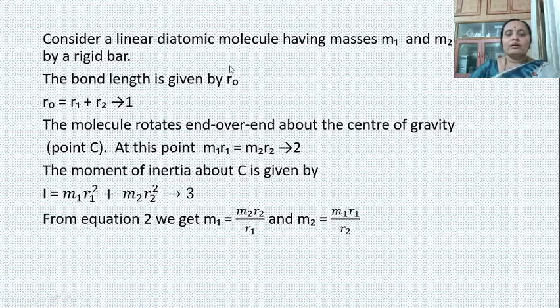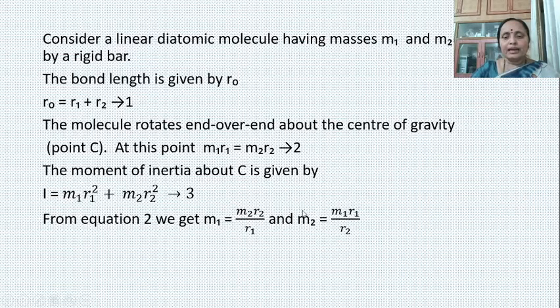Now, from expression 2, I am going to get an expression for M1 and M2. Next, I am going to substitute the expression for M1 and M2 in expression 3.